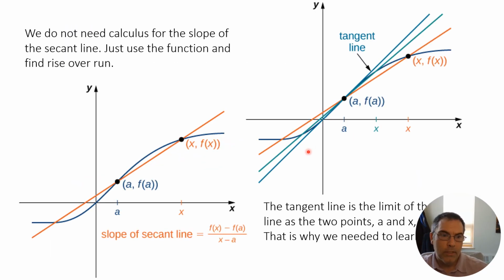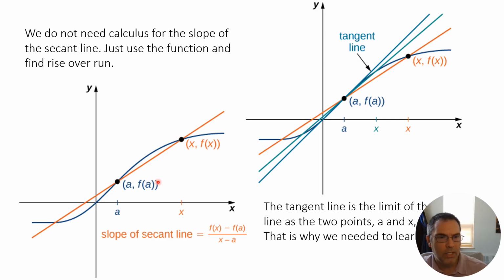Now, I mentioned the secant line, you don't really need calculus to figure this out, because all you need to do to determine the average rate of change is know where it ends up and where it starts. And so we can find the slope of the secant line just from the function itself. So here I'm going from point A to point X. Now, I don't know why we're changing from X to T, but whatever this variable is, we're going from some value over here to some value over here.